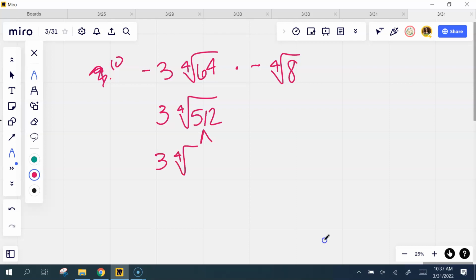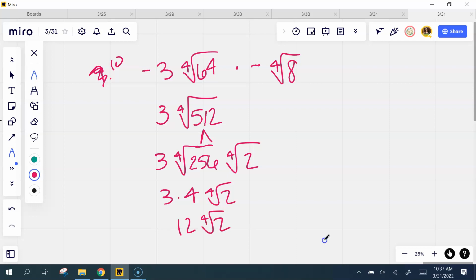Think bigger. 256. So 256 times 2, which would be 3 times 4, which is 12 times the fourth root of 2, right?